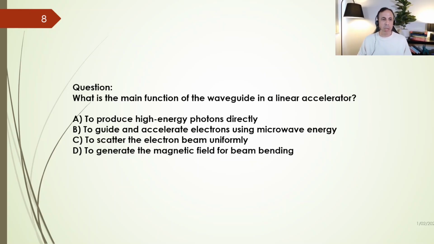To produce high energy photon directly, to guide and accelerate electrons using microwave energy, to scatter the electron beam uniformly, to generate the magnetic field for beam bending? As we have talked about it, it is the second one, to guide and accelerate electrons using microwave energy.